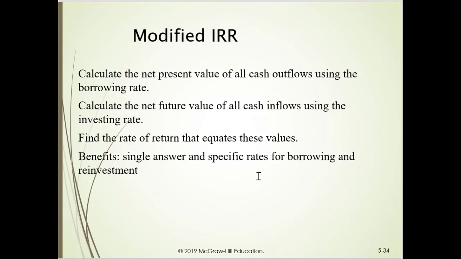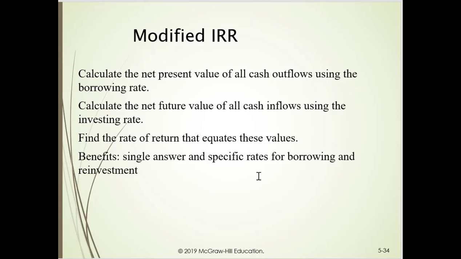We have a technique that can help us a little bit with this internal rate of return issue, and that's called the modified internal rate of return. There are several ways that you can calculate this modified internal rate of return, and quite frankly, they all give different answers. So it is a challenge trying to figure out which one of these techniques is the best to use.